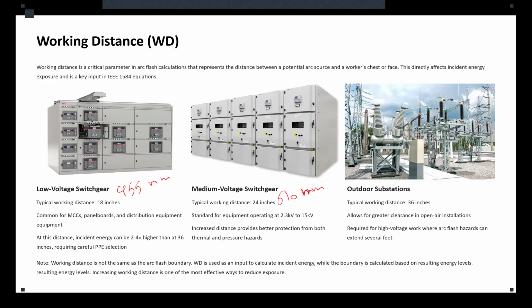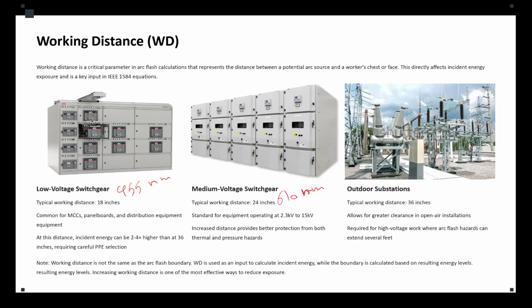They are indoor medium voltage switchgears, circuit breakers or metal clad gears. This distance reflects the larger cabinet depth and increased standoff for operation and maintenance. When the working distance increases from 18 inches to 24 inches, the incident energy drops significantly, possibly enough to reduce the PPE category.